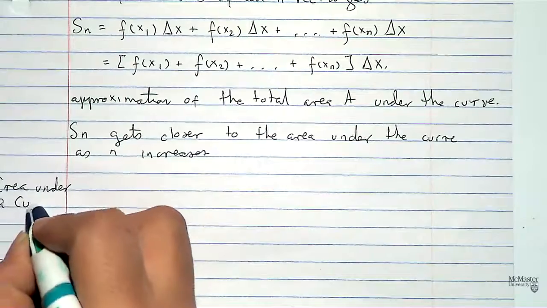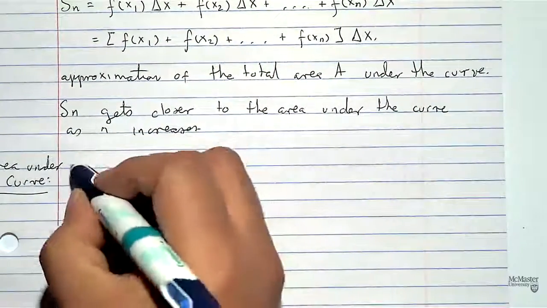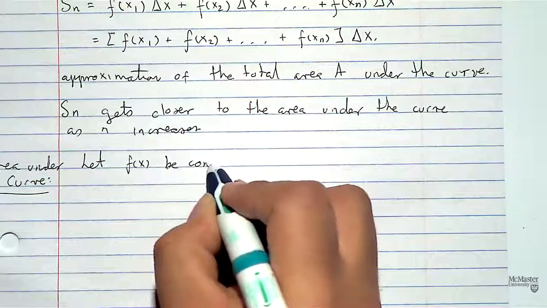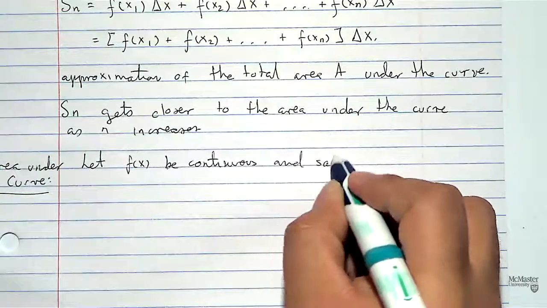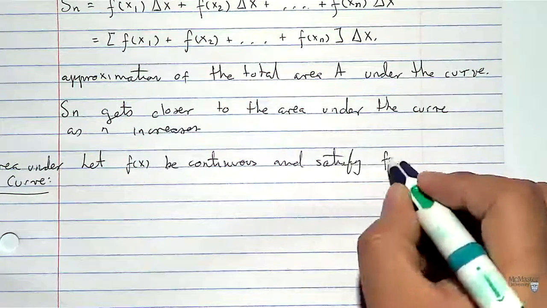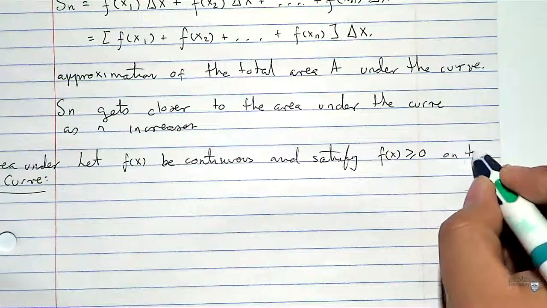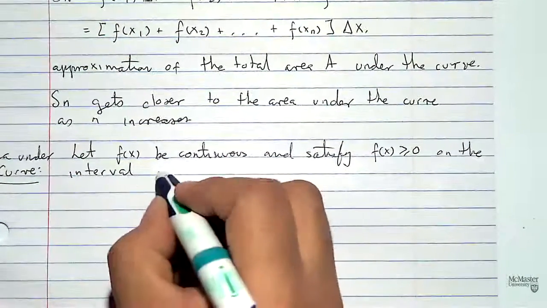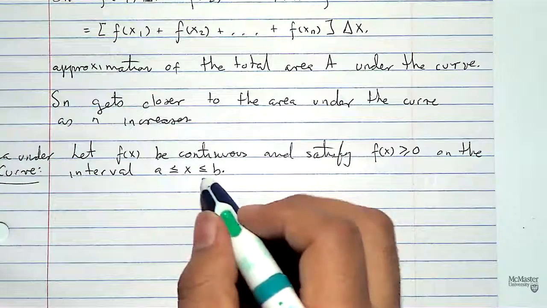So the area under a curve will be defined in the following way. Let f of x be continuous and satisfy f of x greater or equal to 0, meaning that the function is non-negative on the interval a, b, that is, a less equal to x less equal to b.